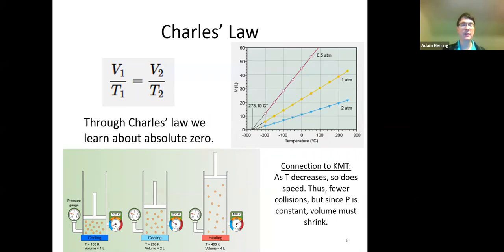So while this is a theoretical temperature that we can never actually reach, we refer to this as absolute zero. This is the temperature at which there would be no thermokinetic energy for these gas molecules, and therefore the volume of those molecules would be zero. So when we determine the temperature in Kelvin, this is where the number 273.15 comes from.